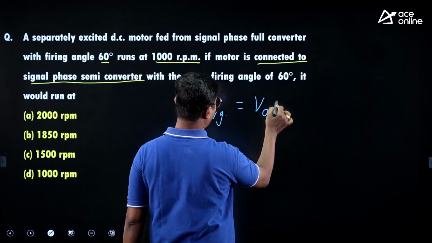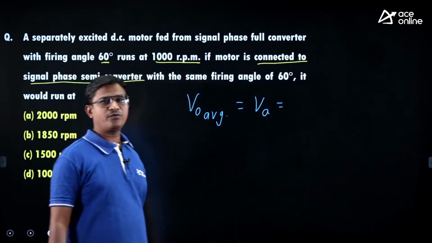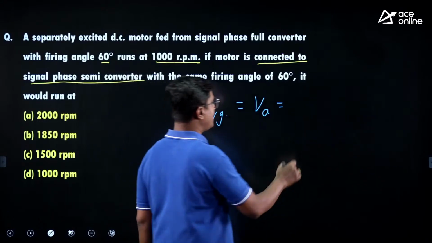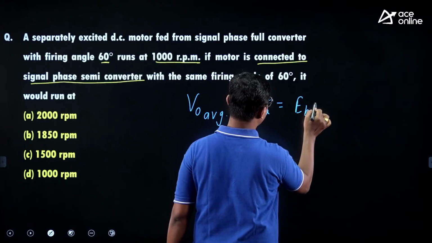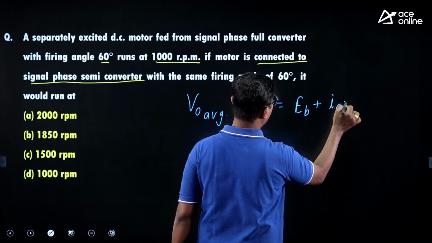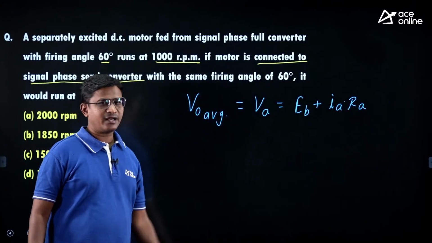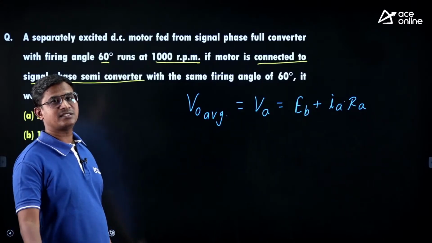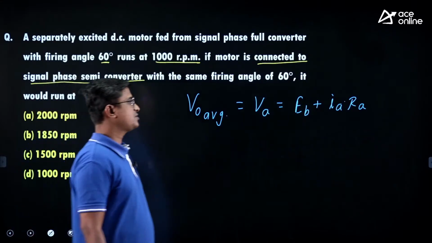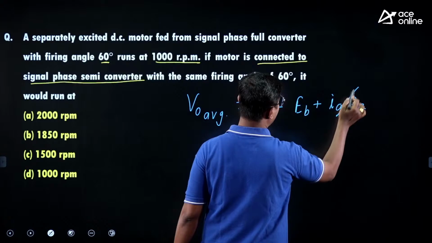V0 average is equal to VA. But what is VA? We know VA equals EB plus IRA, for a DC motor. Now tell me whether he has mentioned anything regarding the armature resistance. No, right? So simply neglect the armature resistance.